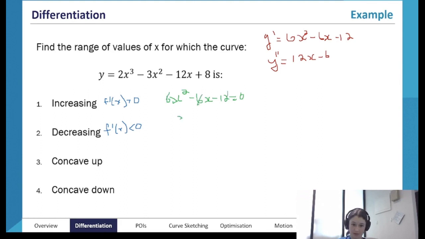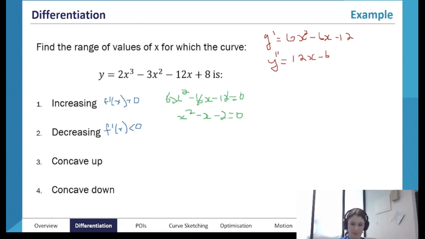So we're going to get x squared, take x, take 2. So this is a pretty simple quadratic. You would be able to solve this using your ACB method or by completing the square. But I'm just going to do it on my calculator really quick because we only have 2 hours.